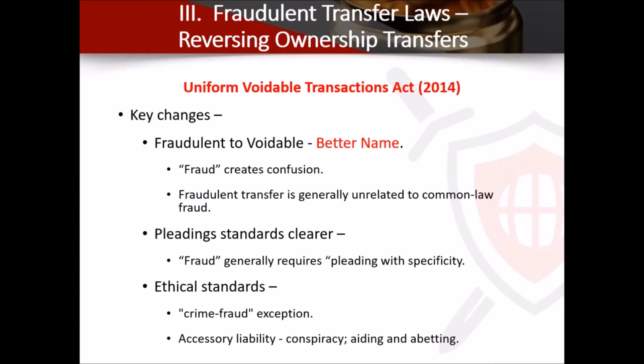And you have to be very careful, because if you've done a fraudulent transfer or you're going to do one and you disclose it to your lawyer, that might not be protected communication. There's something called the crime-fraud exception to the attorney-client privilege.